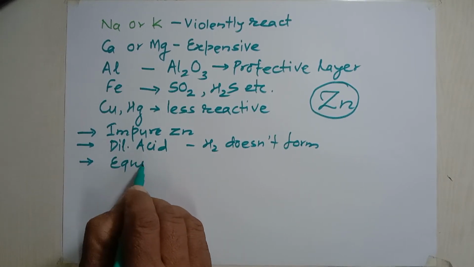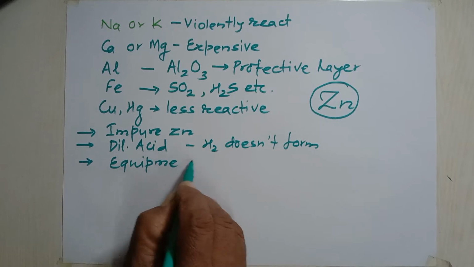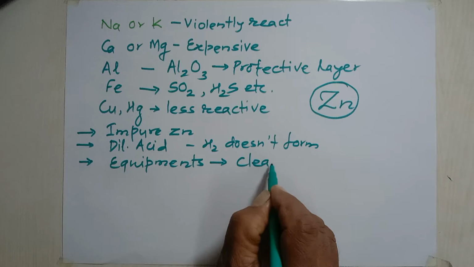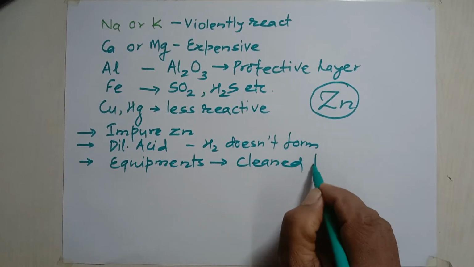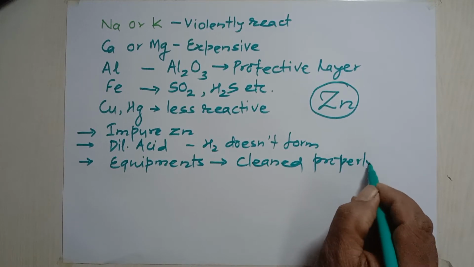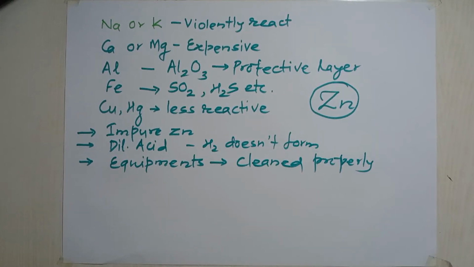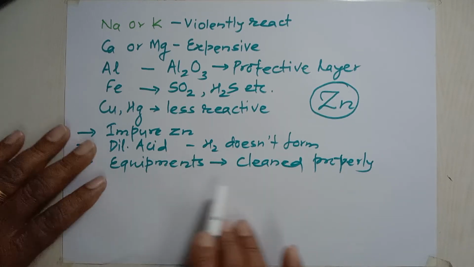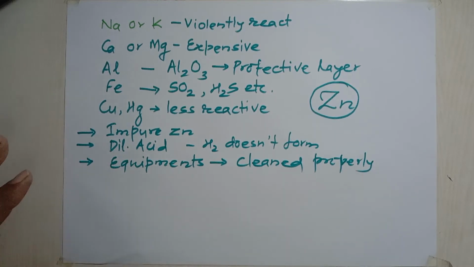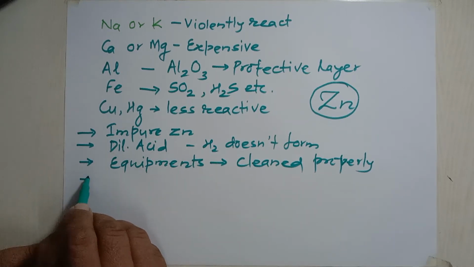Otherwise, if there is a certain amount of salt or acid or something which is not cleaned in laboratory equipment, then the result would not be nice. I mean to say, hydrogen gas may not form. And all apparatus should be airtight.